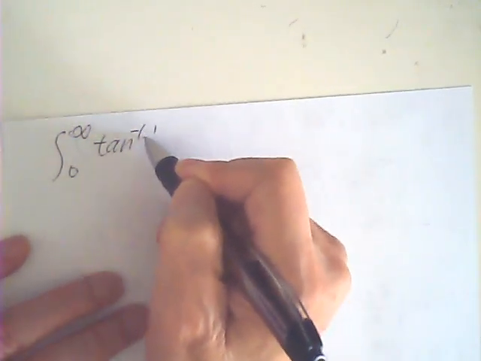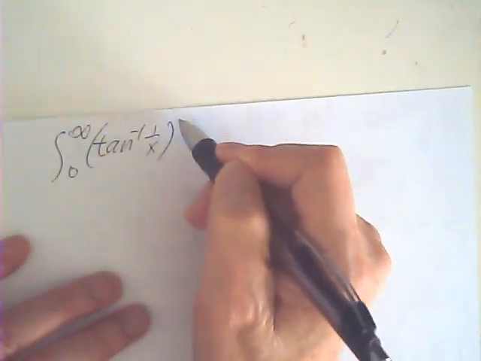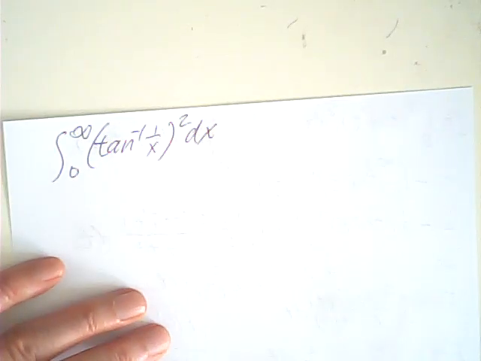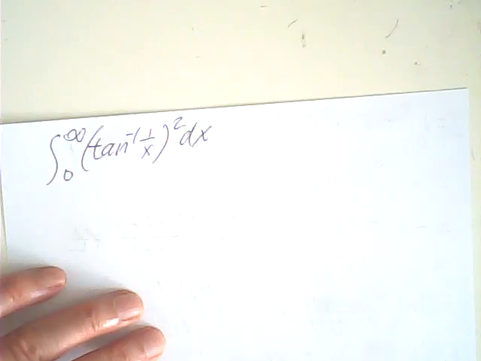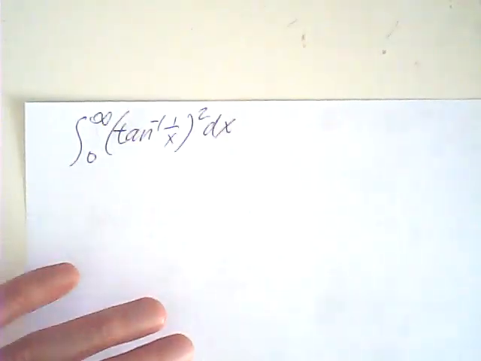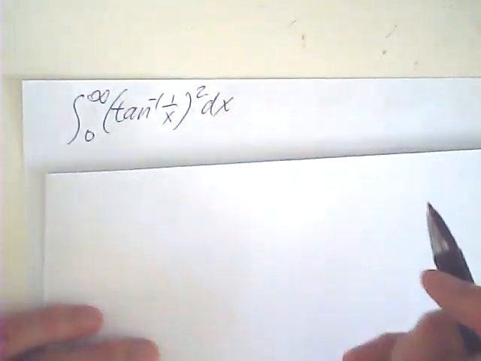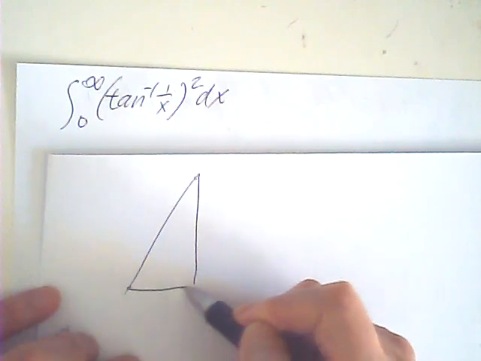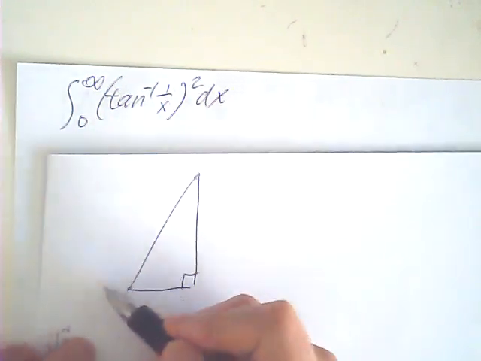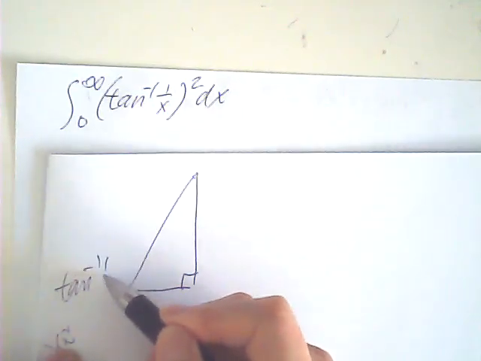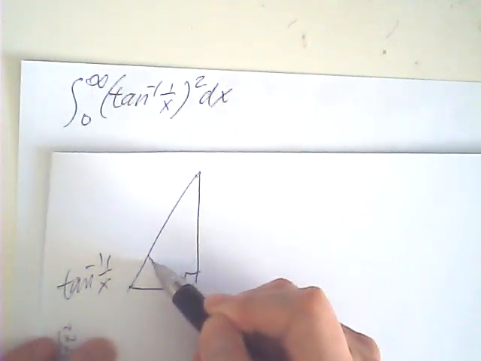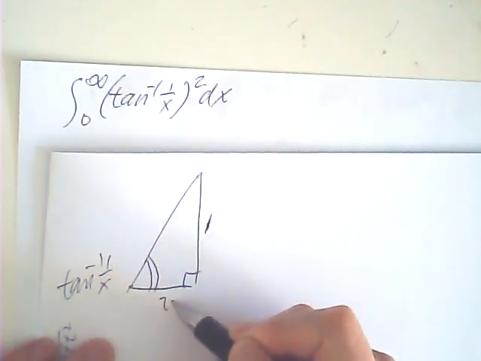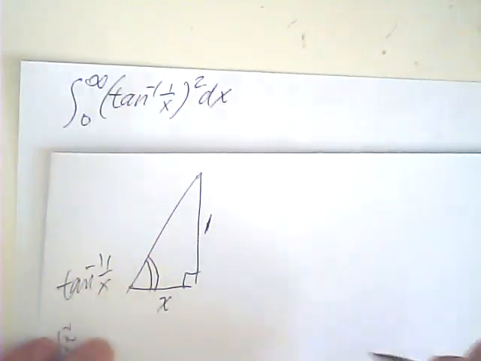arctangent 1 over x, squared, dx. Now the method 2, I start with this. The arctangent 1 over x is an angle such that this is 1, right? This is x. This is called arctangent 1 over x.